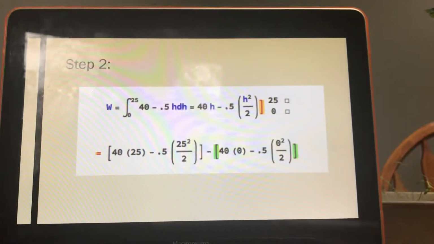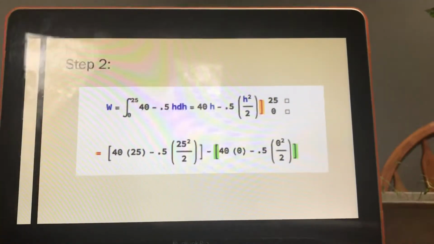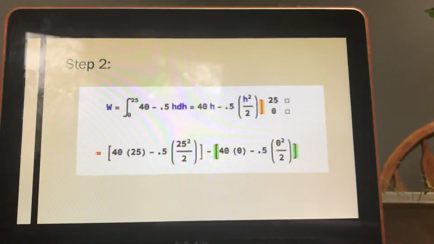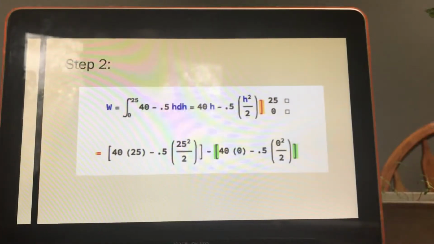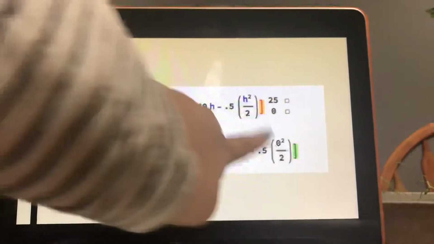Okay, so we go down here and we break it down. We have 40 times 25 minus 0.5 times 25 squared divided by 2, minus our 40 times 0, because we get the 0 from here, minus 0.5 times 0 squared divided by 2. We're going to work that problem out. So we get our 25 from here, our 0 from here.